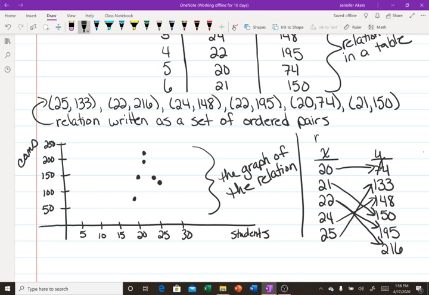So this is called a mapping of the relation. Okay, so those are ways that we can arrange a relation, or display a relation, or say what the relation is.